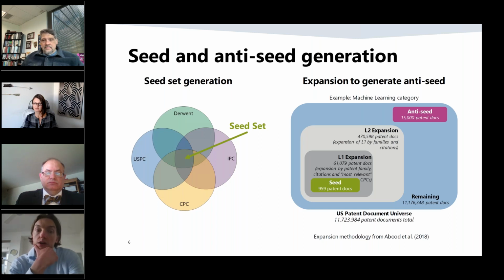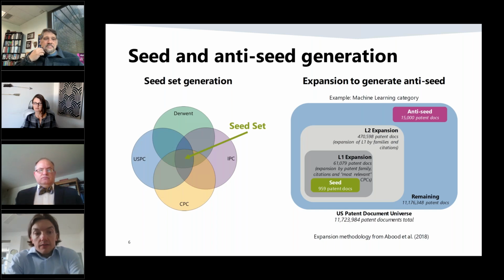So what we did was look at these different classification systems: CPC, IPC, USPC, and Derwent. What my colleagues did was say, we need a set of documents. We know that we can't get all of them by using these classification systems, but let's try to get a set of around 1,000 for each one of these technology components.